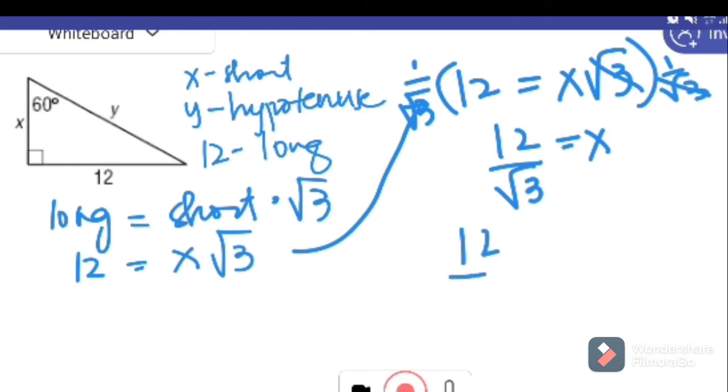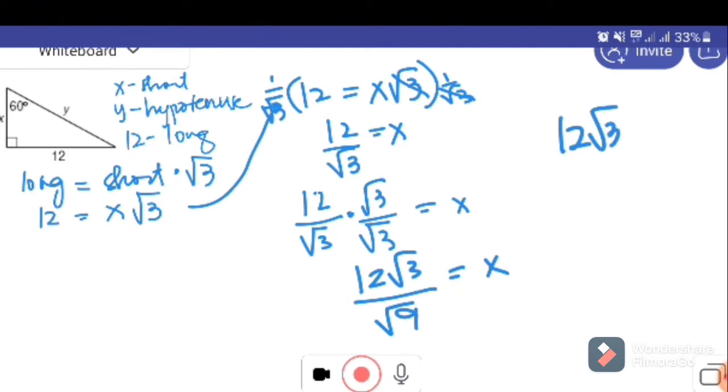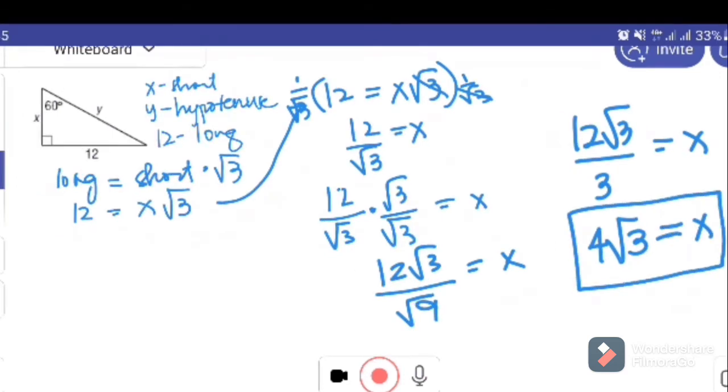So 12 over the square root of 3 times the square root of 3 over the square root of 3, that's equal to 1, is equal to X. Now we have 12 square root of 3 over the square root of 9. 12 square root of 3 over 3 is equal to X. And then we divide 12 and 3. That makes it 4 square root of 3 is equal to X. So this is now, our X is 4 square root of 3.